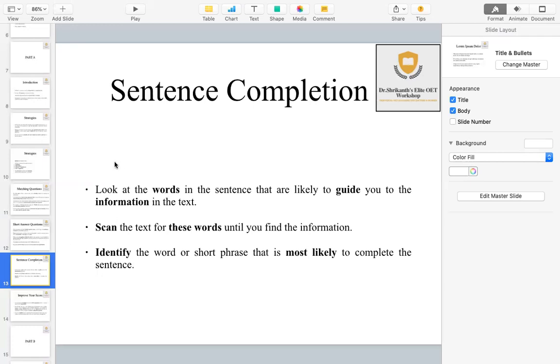All right. So now let's go to the third question type, sentence completion. In sentence completion, keyword analysis, right? So I told you before, look at the words in the sentence that are likely to guide you to the information in the text. This is what I mentioned to you before regarding keyword analysis. So keyword analysis means what?